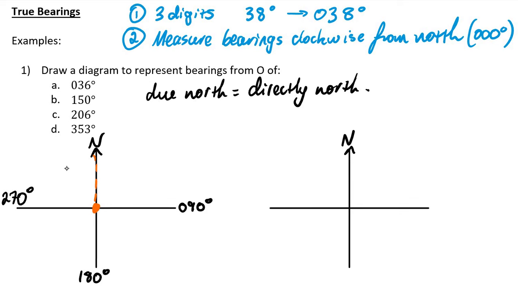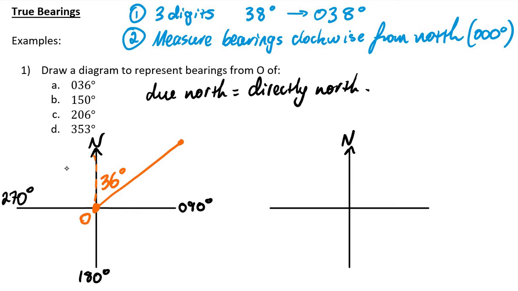So 36 degrees is going to be somewhere in that region, and you don't have to do these diagrams to scale. So there we go, 36 degrees.